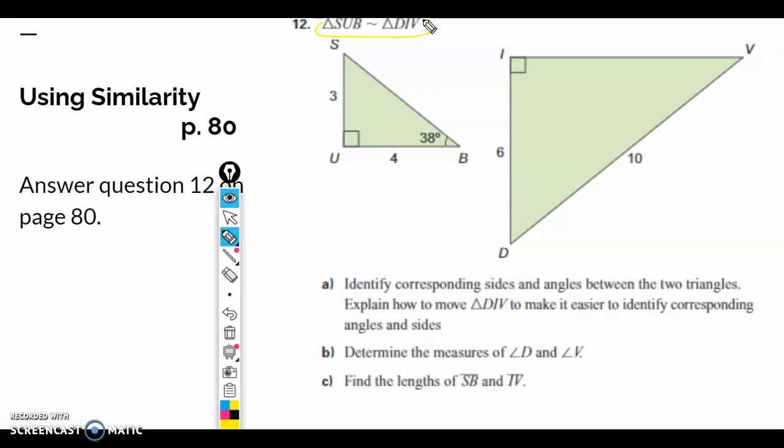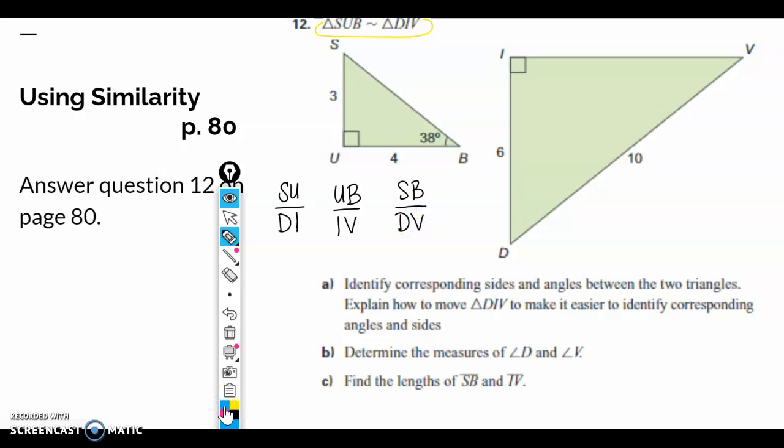So we see first that FU corresponds with DI. We see that UB corresponds with ID, and we see that FB corresponds with DB.